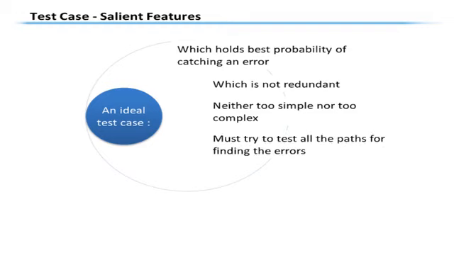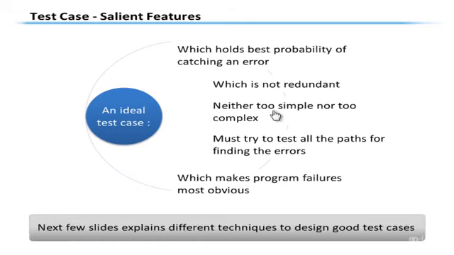The ideal test case must try to test all of the paths for finding the errors, in other words, the condition testing, the coverage testing, etc. Lastly, an ideal test case helps in finding faulty functionality developed which may have failed during the program or the logic steps. All right, the next few slides are going to explain different techniques to design good test cases. Sit back.